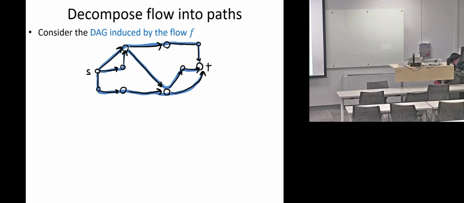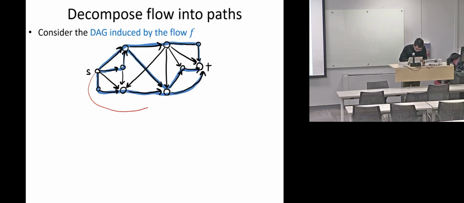Right now in this picture there is no cycle, but it could be the case that I have some edge like this. And then maybe some edge here. How do I create a cycle? Like this maybe. And here.